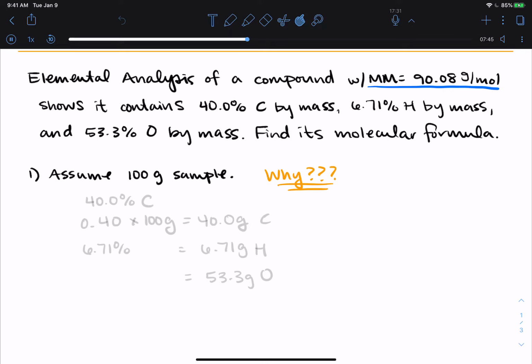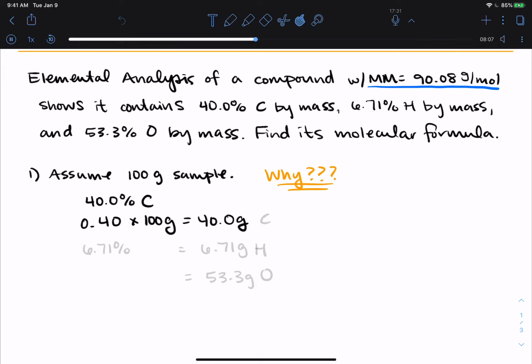So if I have a sample that's 40.0% carbon, that means that 0.40 times 100 grams equals 40.0 grams.